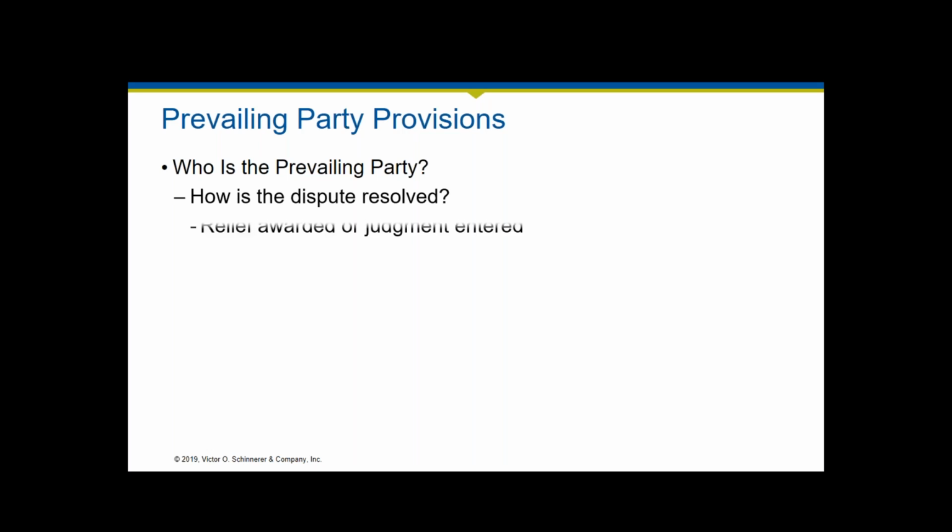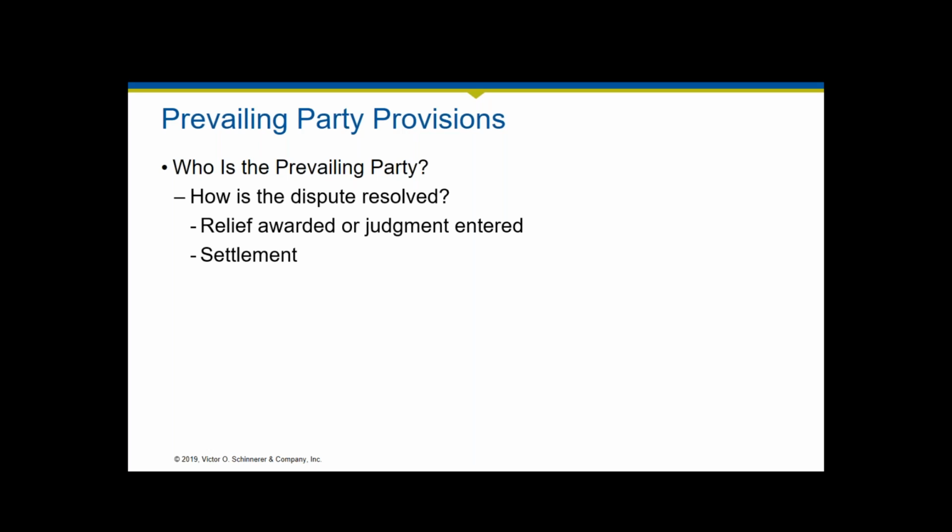If there's relief awarded or judgment entered on your behalf and it's clear-cut, then you may be the prevailing party. If you settle, it could be difficult because the terms of the settlement may well involve you being responsible for certain parts while the owner is responsible for certain parts. So determining who the prevailing party is could be a significant part that needs to be resolved.